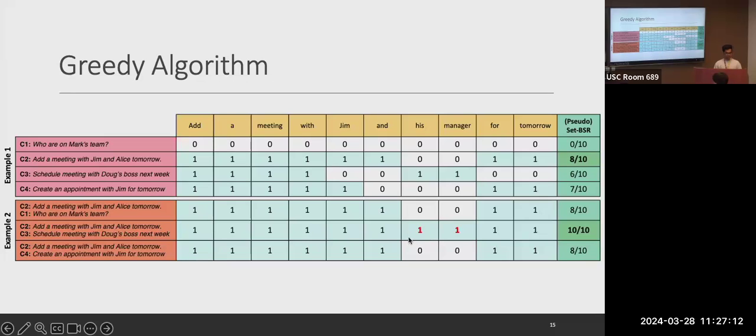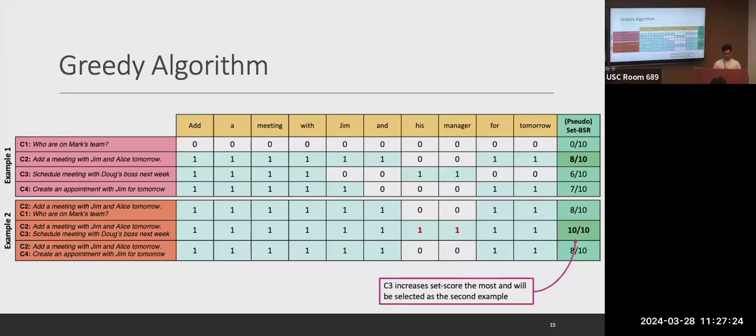If you do the set score, then the highest aggregate you're getting is from C2 and C3. And so the greedy algorithm will select C3 next, because C3 is the only one demonstrating find manager. Okay, any questions about the approach, or I can now go into the results?